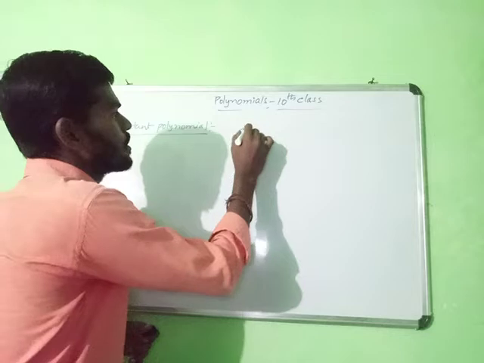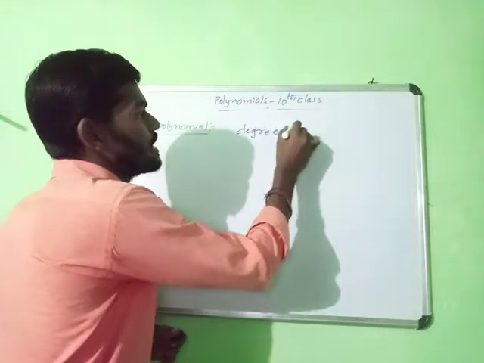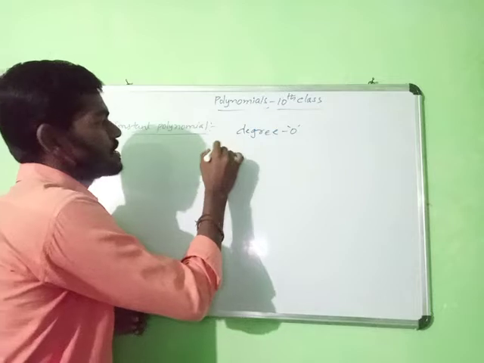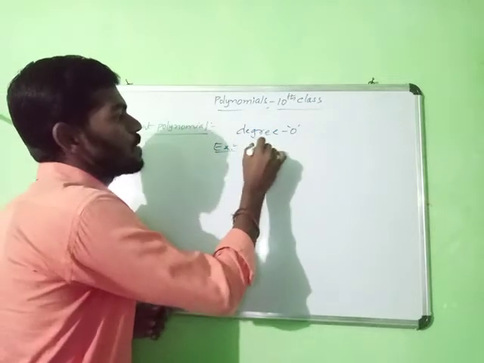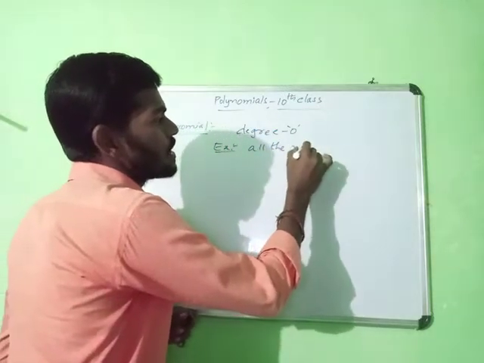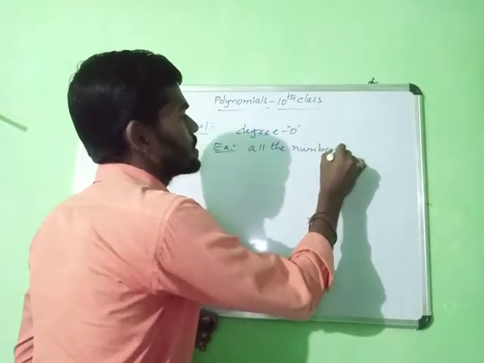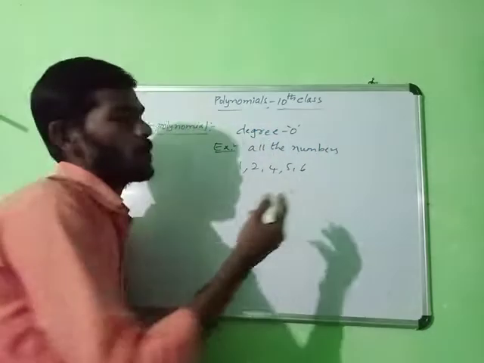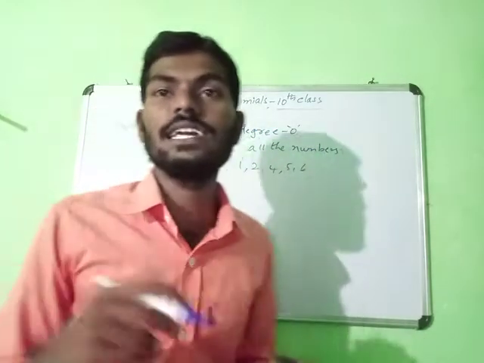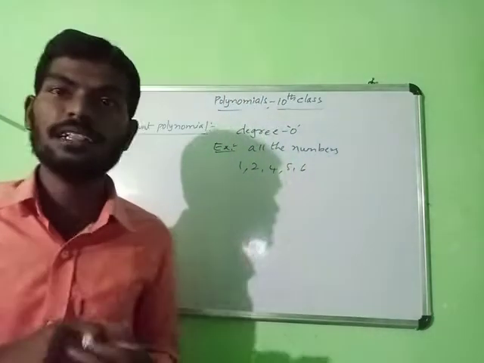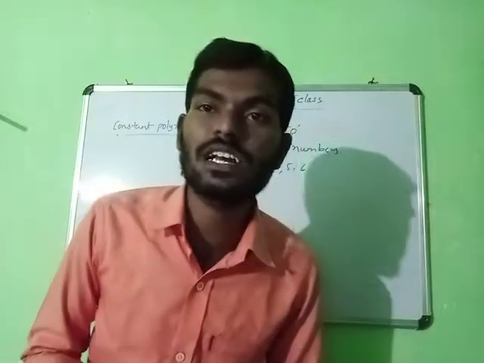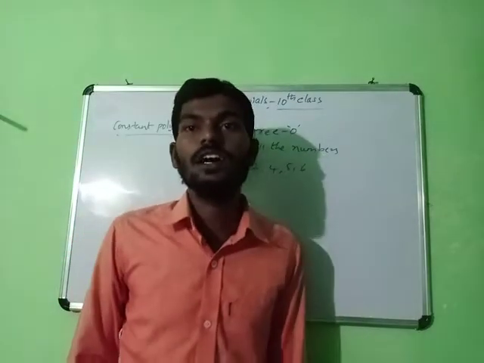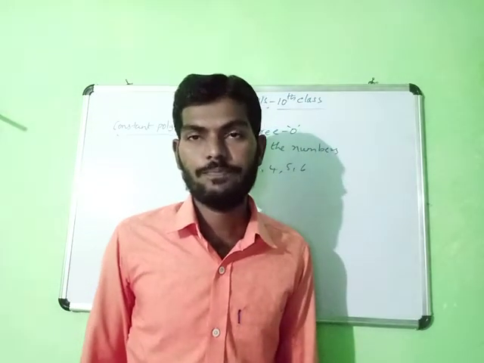Examples are all the numbers: 2, 4, 5, 6, 1 also. Degree is always 0. If the degree is 0, that is a constant polynomial.